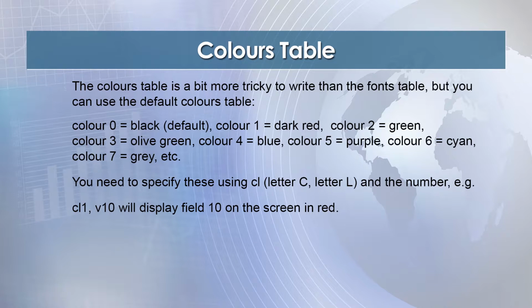The corresponding syntax can be CL1, V10. It will display the content of tag field 10 on the screen in red. Why in red? Because from the color table, color 1 is dark red. So, the moment I give CL1 comma V10, the content of V10 will be displayed in red color.